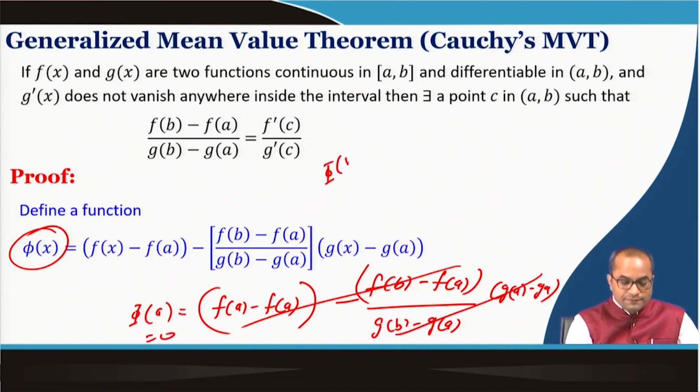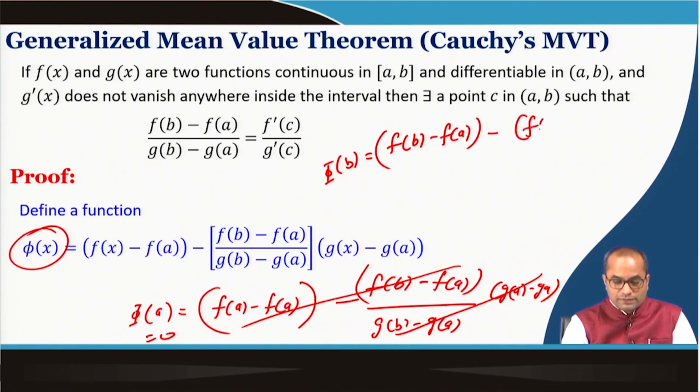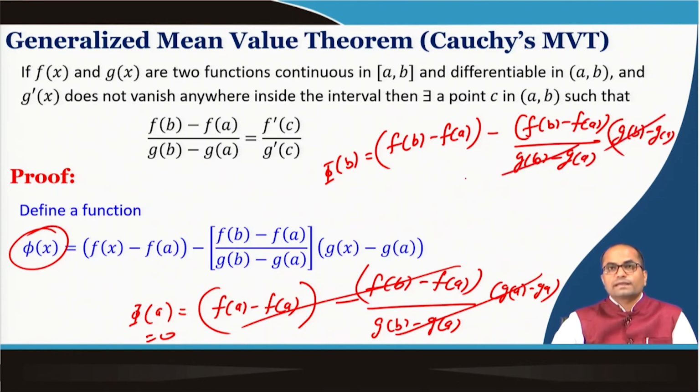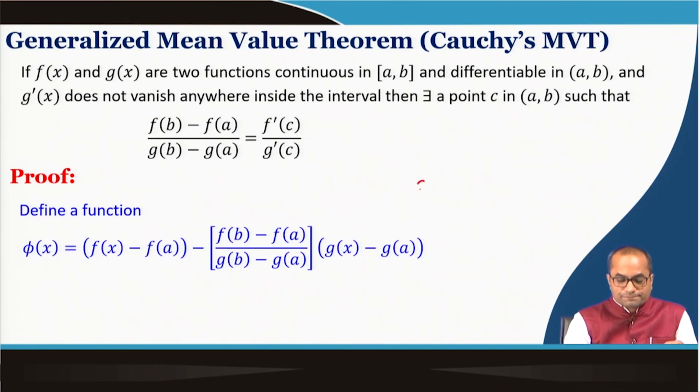For phi b we have f b minus f a, and minus f b minus f a divided by g b minus g a, into g b minus g a. So, this gets cancelled, leaving f b minus f a minus f b minus f a, so again phi b is also 0. So, phi a is 0, and this is equal to phi b.